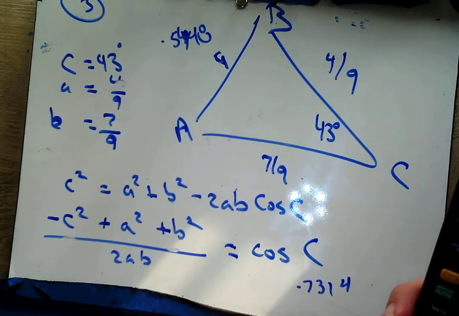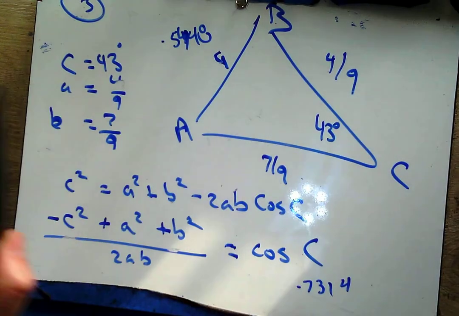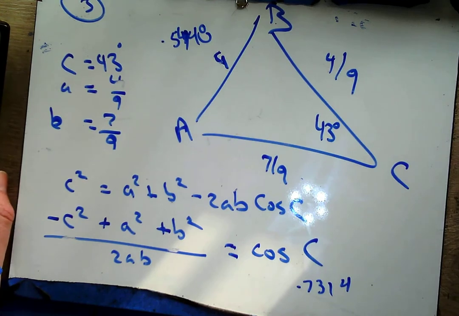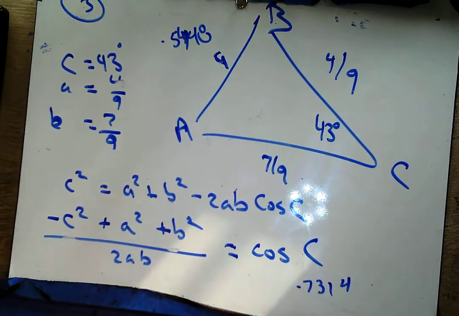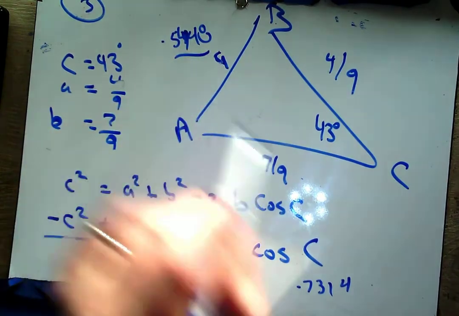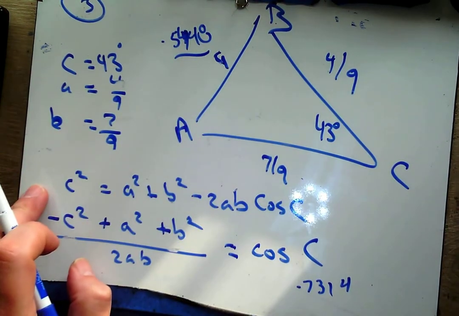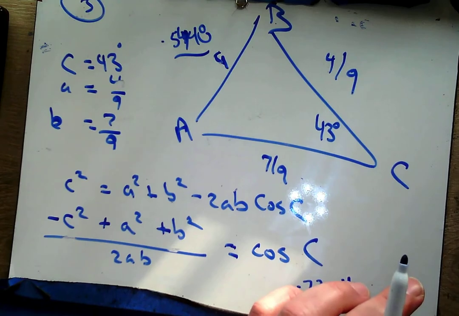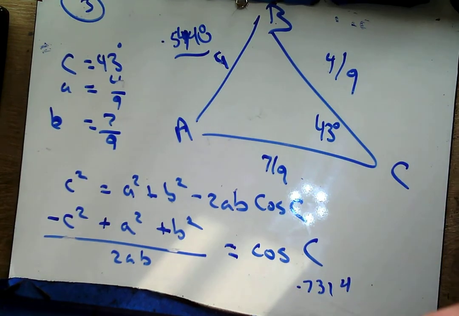The inverse cosine of this answer gives me a number that I still don't have up here. That's very strange. What's happening here? What am I missing? That's very, very confusing. So, hold on a second while I figure out what's going on here.